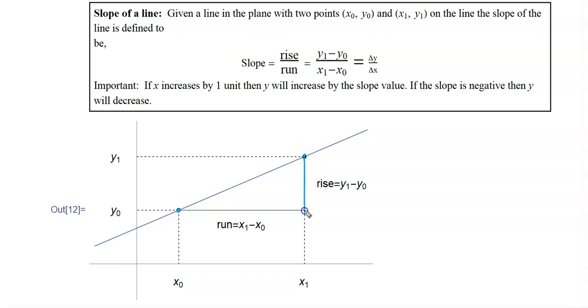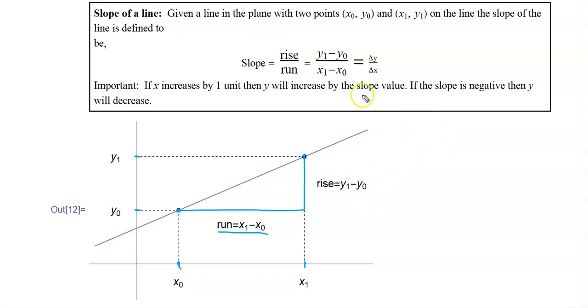That's our rise. So that is y1 minus y0. If we take the difference of these two numbers, that's what we get. We get the rise. And if we take the difference of these two numbers, we get the run. So if we evaluate rise over run, well, that's what our slope represents.